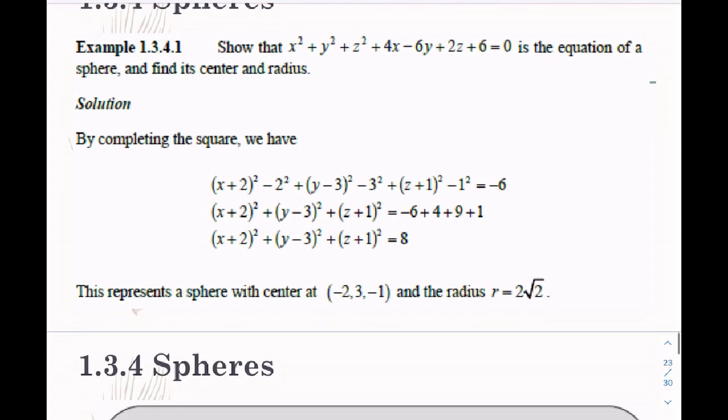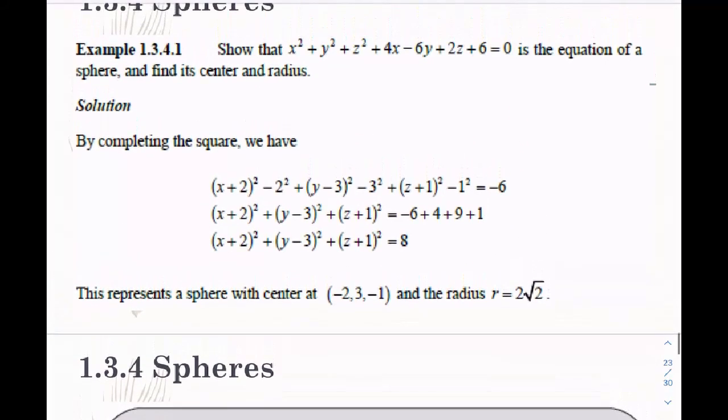Okay, completing the square. First thing, you have to collect all the terms. I show you one step.